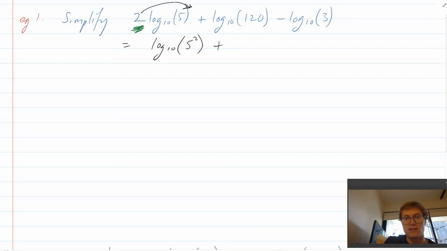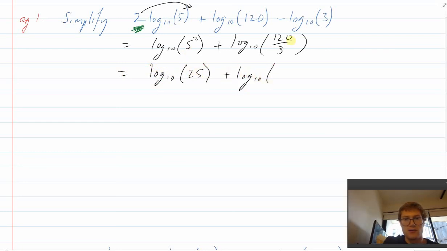These two parts, it doesn't matter which order I do the plusing or minusing in, so I might as well do this bit now, which is log base 10 of 120 divided by 3. Now I notice, of course, that 5 squared is 25, and that 120 divided by 3 is 40.